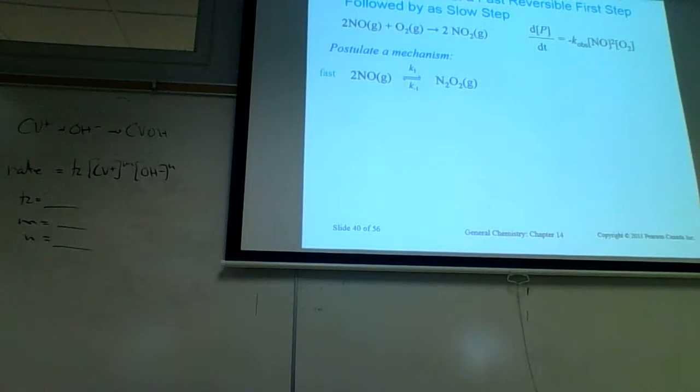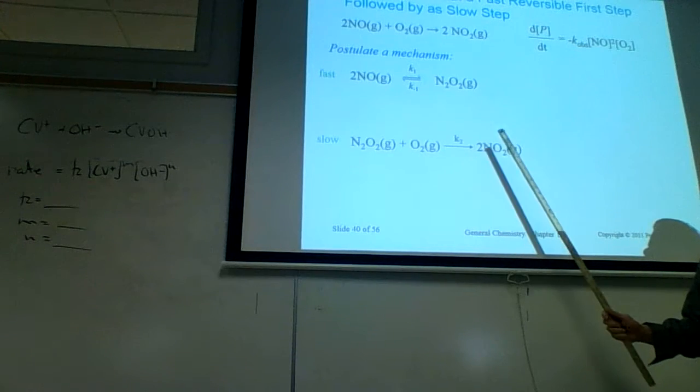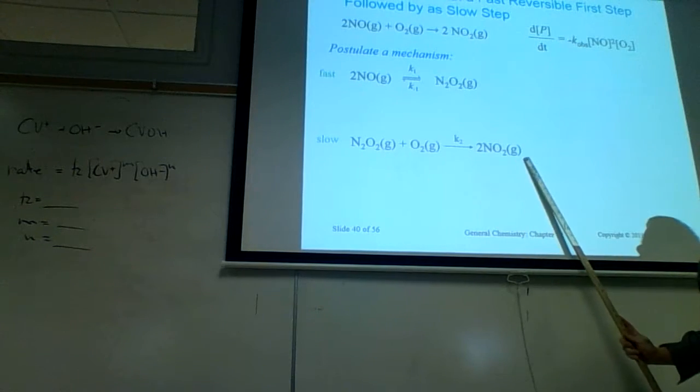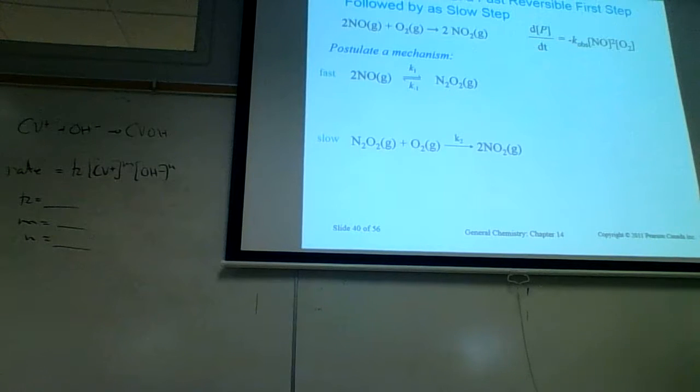We'll go to the next step. The next step is an N2O2 collides with an oxygen. This is a simple collision and forms 2 NO2s. This one we'll call the slow step. And so these 2 steps have to add up to the net reaction, which they do.